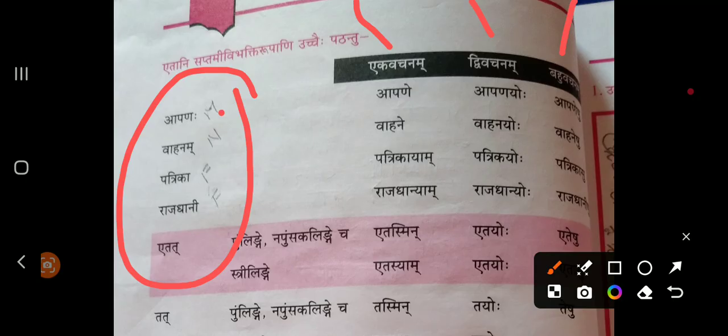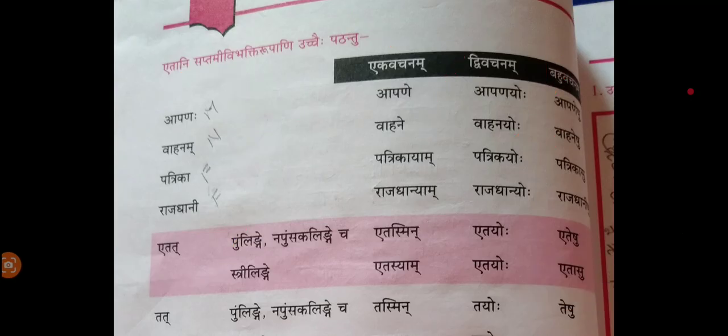What are the Saptami Vibhakti forms for Apanaha? Apane, Apanayoho, Apaneshu. What are the Saptami Vibhakti forms for Vahanam? Vahanam means vehicle. Vahane, Vahanayoho, Vahaneshu. Like this, they have given a few nouns on this page.